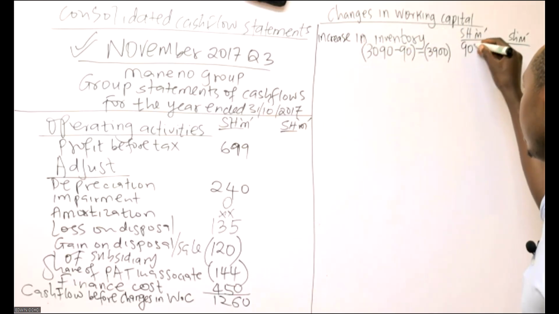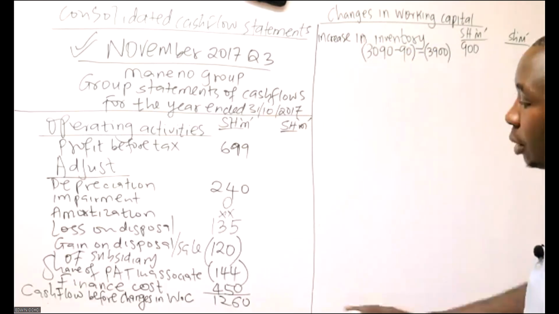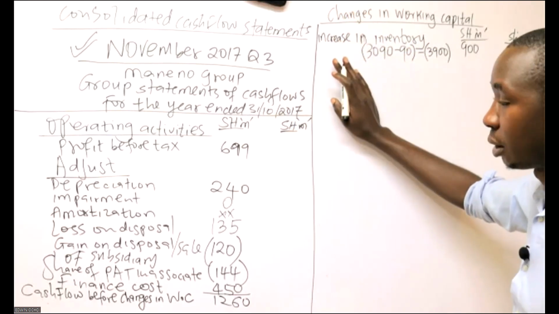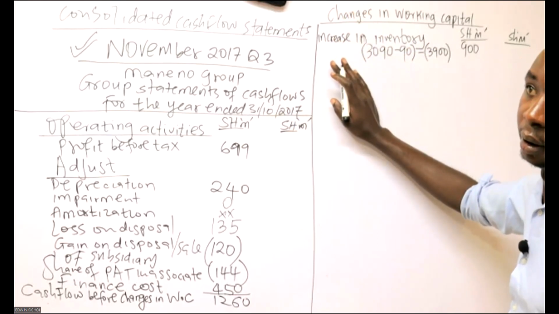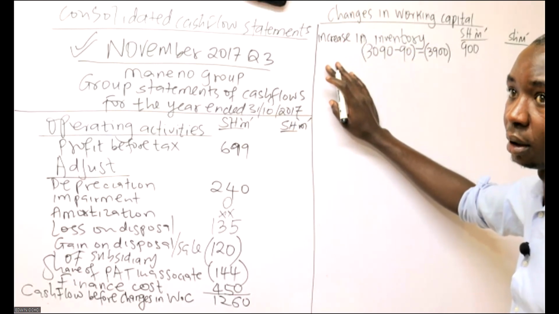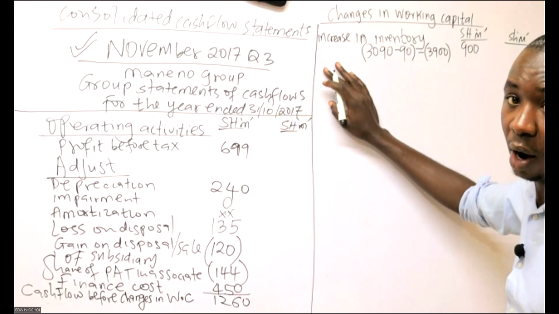900. So now from here going down, remember this one I was adjusting this profit. But now, from here henceforth, for us to know whether we are deducting or adding is all about the interpretation we will do in terms of cash inflows or outflows.